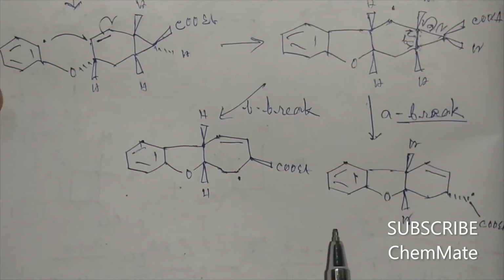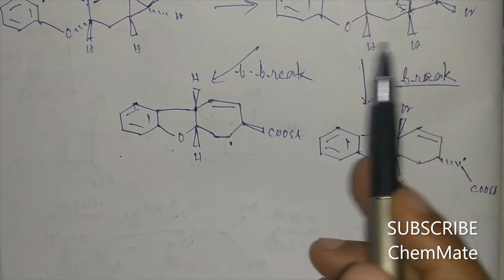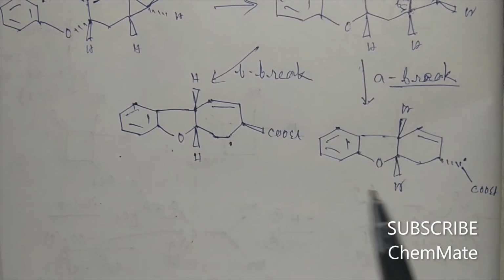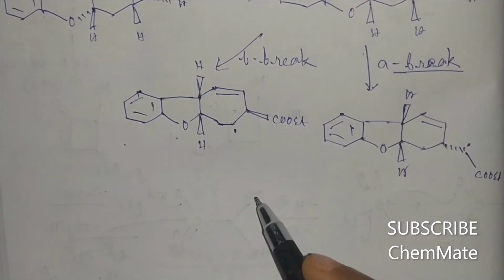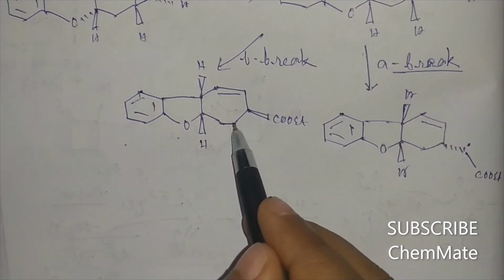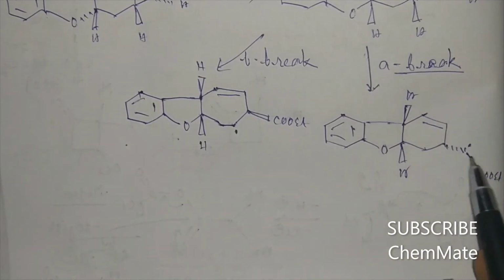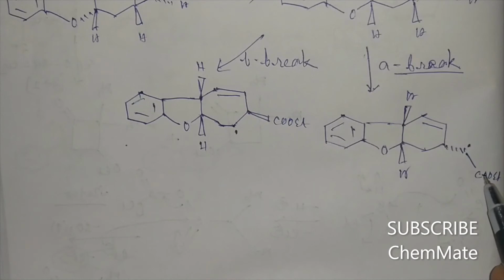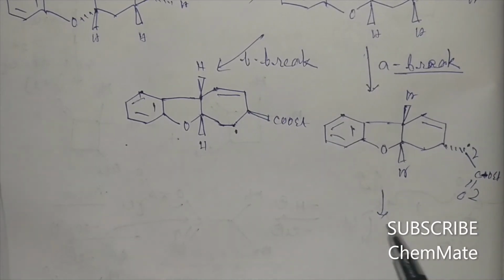Now we have to see which bond will actually break, either the A bond or the B bond. If we compare the stability between these two radicals, then we can determine which bond will break. Here the radical is a secondary radical, and no other stabilizing factor is there. On the other hand, this is also a secondary radical, but here this is a COOEt, which will come into conjugation with this radical.